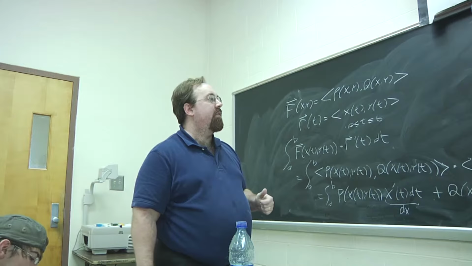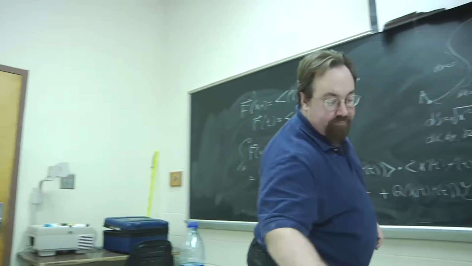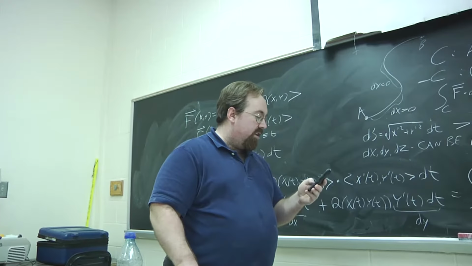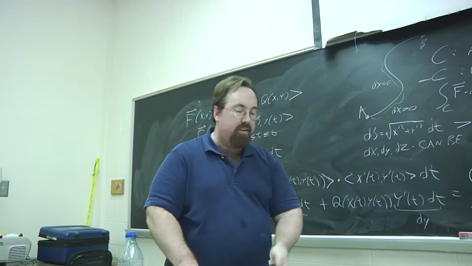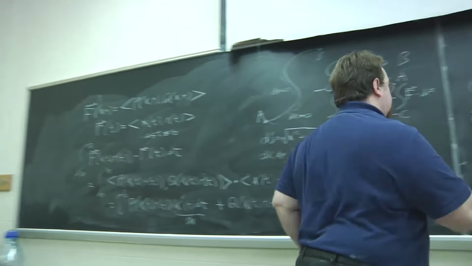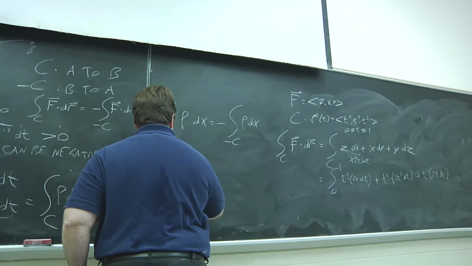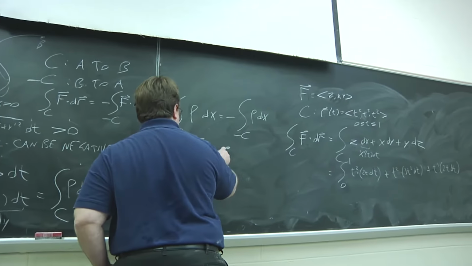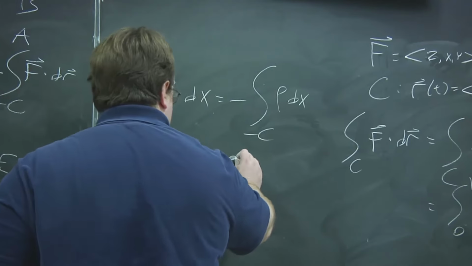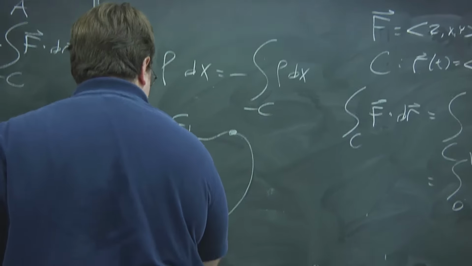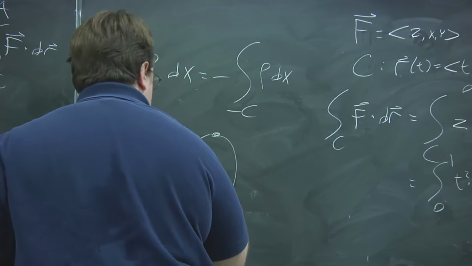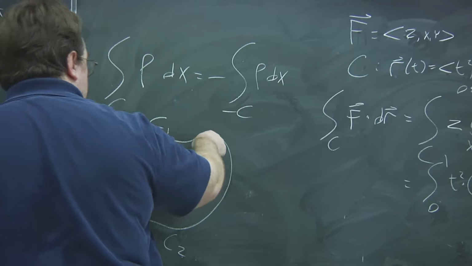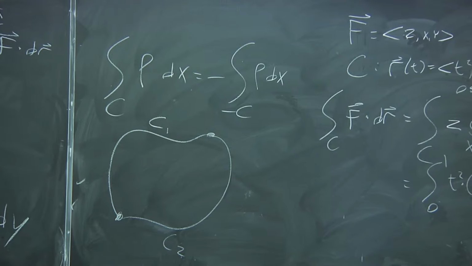So in effect what's happening is, suppose you have a closed curve. You have a curve C that goes from this point to this point. We'll call it C1. Then we have another curve, C2, that runs from the endpoint back to the starting point.